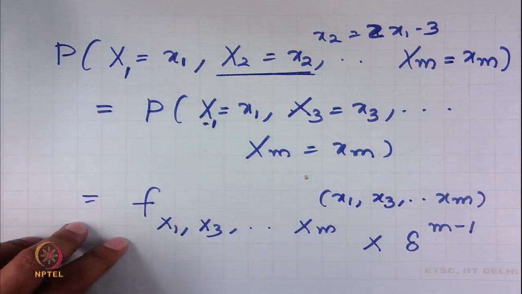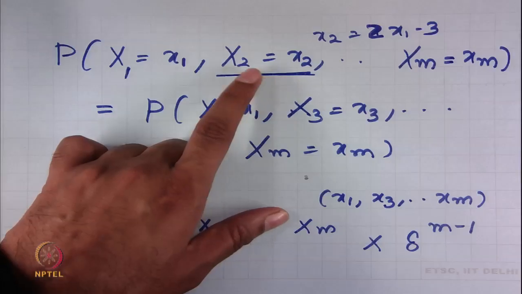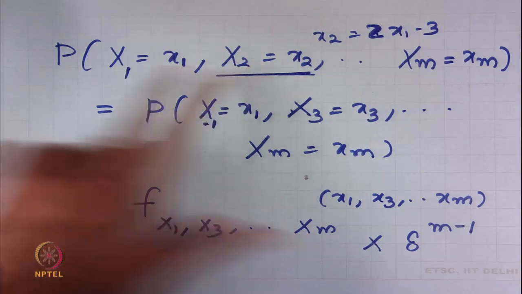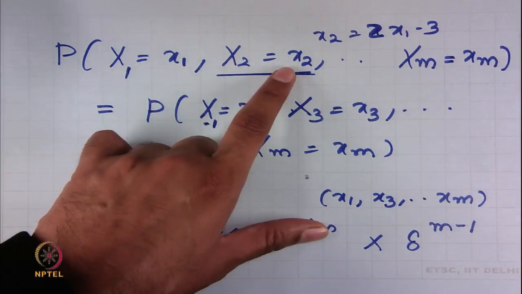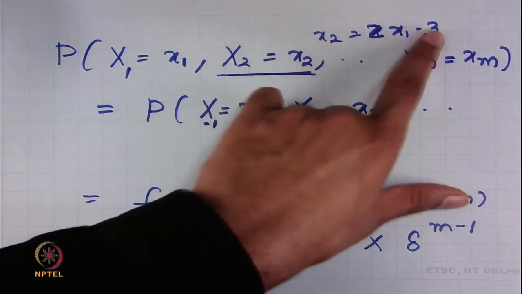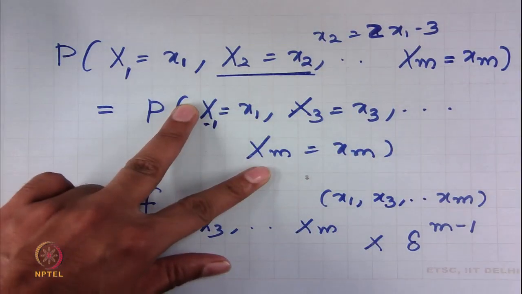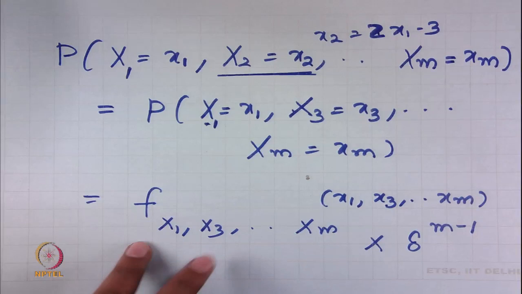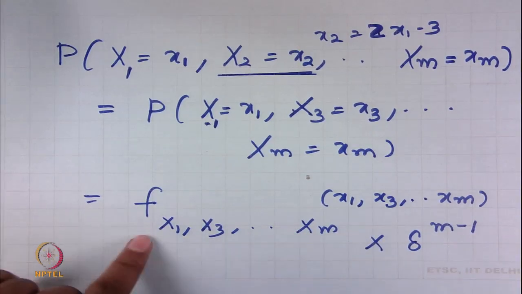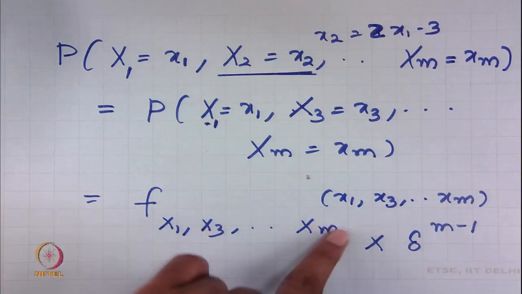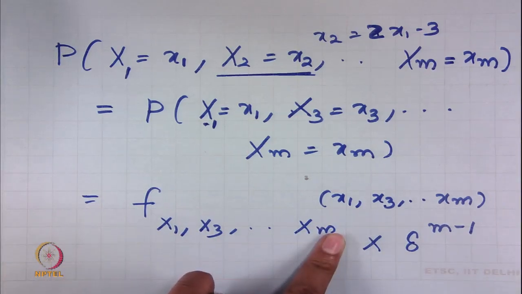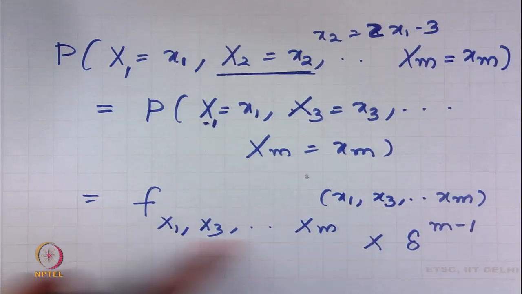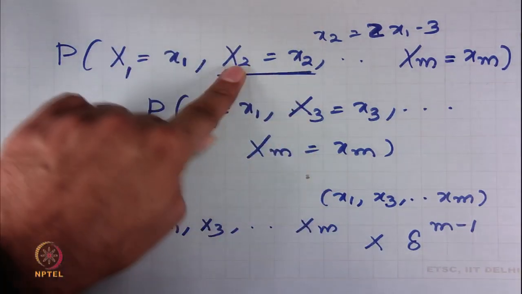See what I have done. What I have done is I have removed this linearly dependent random variable, because I know that once this event has happened, this event would automatically happen if x2 is 2 x1 minus 3. These probabilities are the same. If I am interested in finding the probability for this event, this could simply be found from the joint probability density function of random variables x1, x3 and xm and multiplying it with the volume of that space, because now I have only m minus 1 random variables, since I have chucked out this random variable x2.